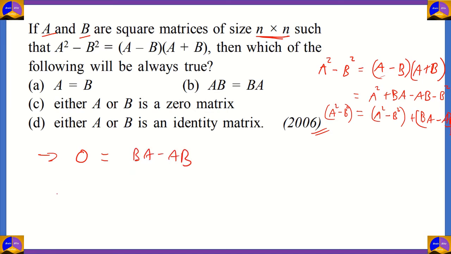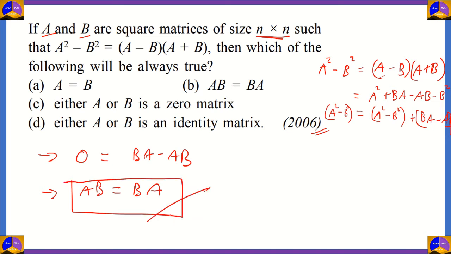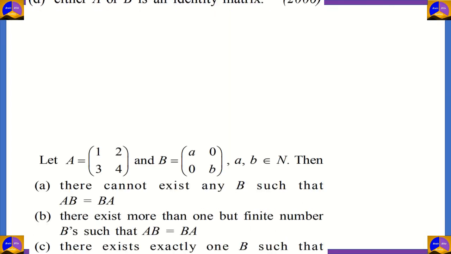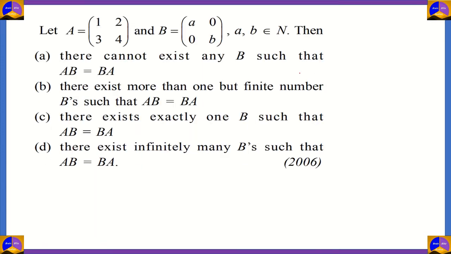So therefore you can take AB to the right hand side, so AB equals BA. So therefore, the correct answer for this question asked in 2006 is option B, AB equals BA. Now let's move on to the next question.